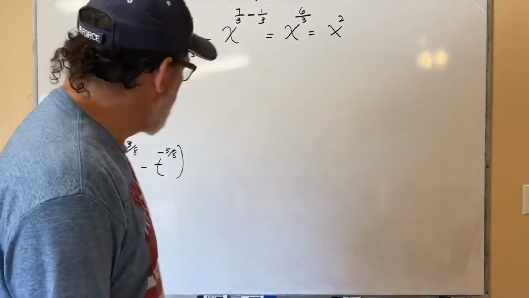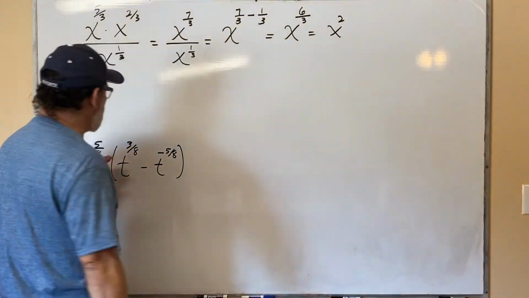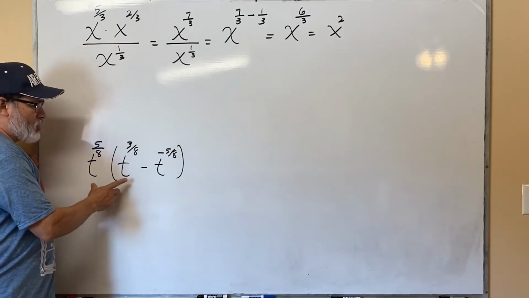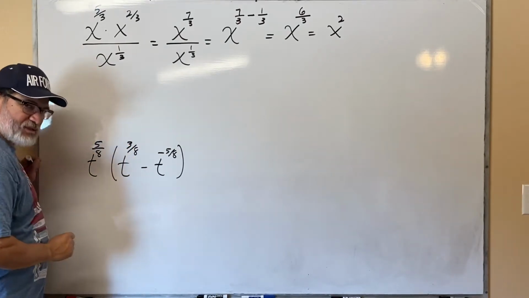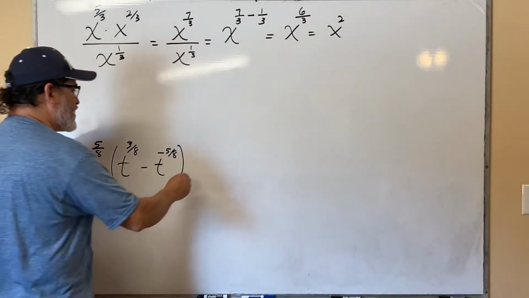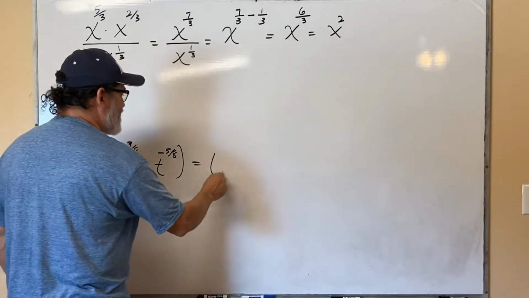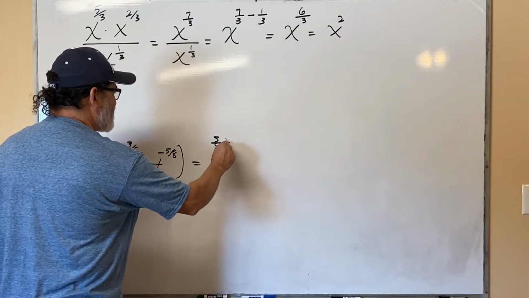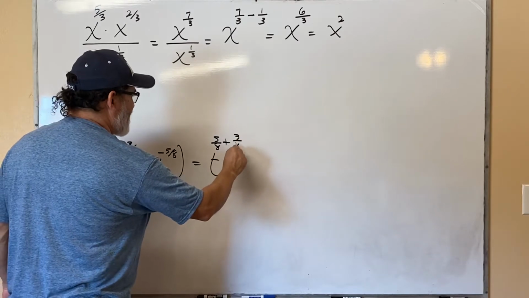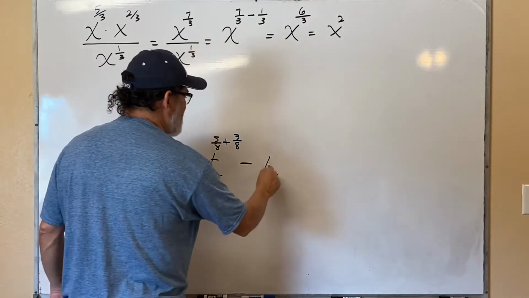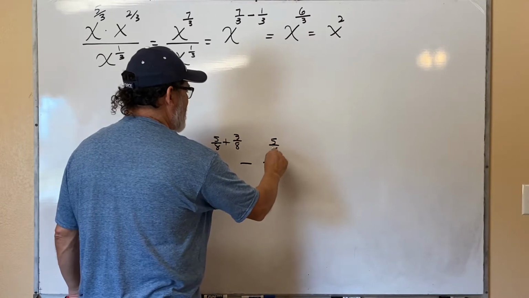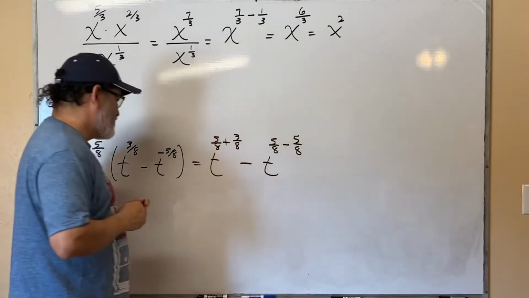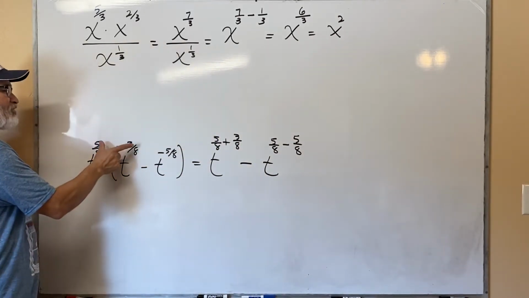Okay. How about this one? Here we're going to distribute, and when we distribute, we multiply, and when we multiply, we add exponents. So therefore, this is going to become t to the 5/8 plus 3/8 minus t to the 5/8 minus 5/8. Because when you multiply, you add the powers.